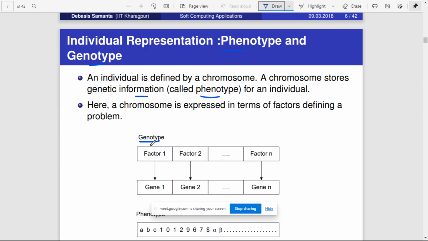And if you exactly know which genetic information the chromosome contains, then that is called phenotype.